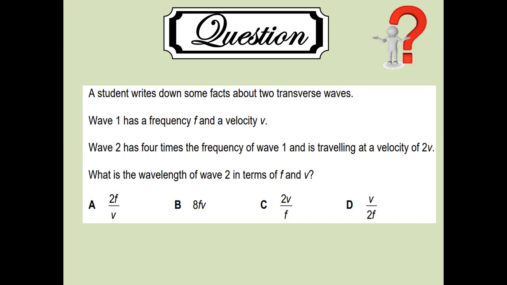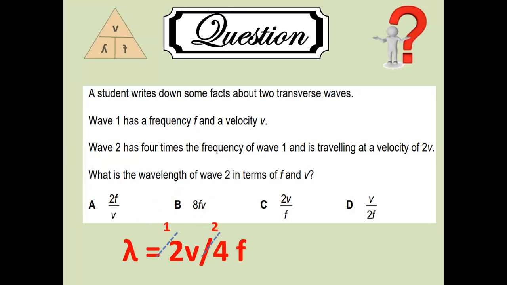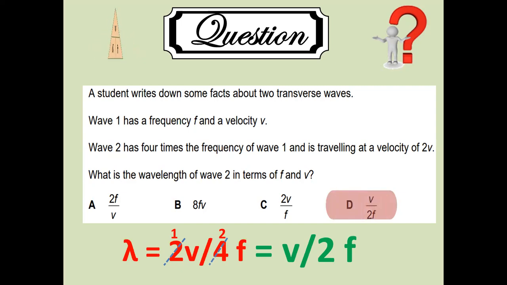The wavelength is equal to v over f. For wave 2, it is 2 times the velocity over 4 times the frequency. We can simplify: 2 over 4 gives 1 over 2, and that produces v over 2f. So D will be our correct answer here.